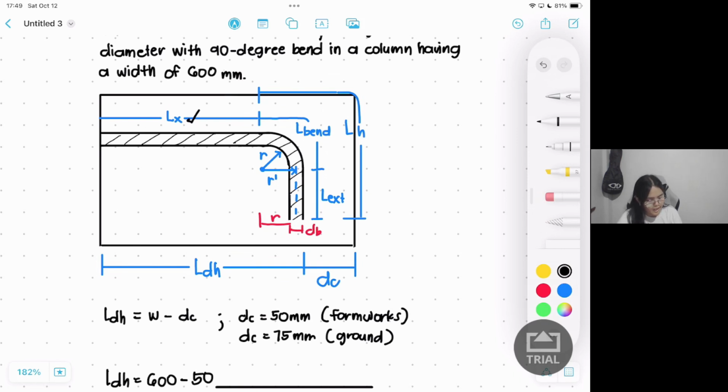Okay? And dito sa figure, mapapansin nyo, ang shape ng bending ng bar natin ay 1/4 of a circle. Right?